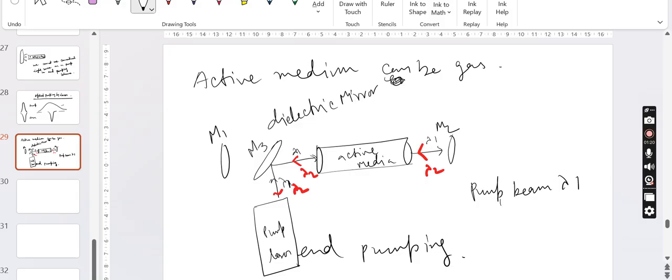So it is not selective. So the lasing action is not happening. It is not reaching M1.